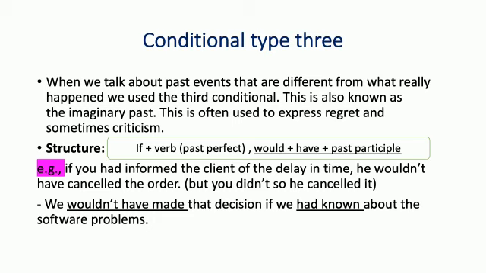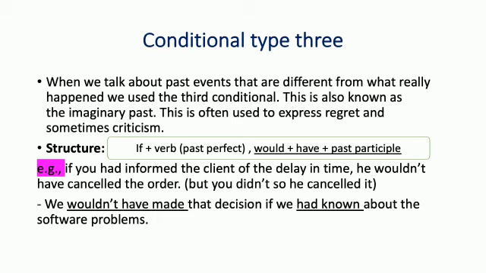This is past perfect. And in the result clause, we have would plus have plus past participle. So here we have three elements to use in the result clause.